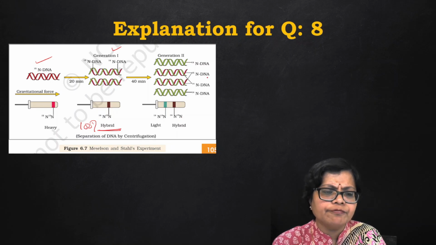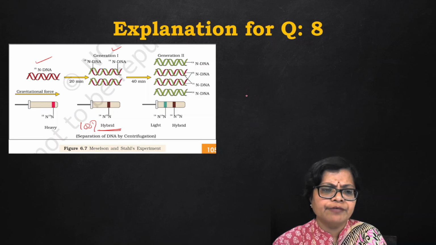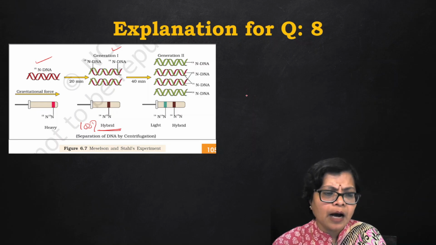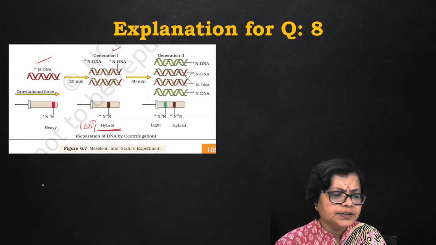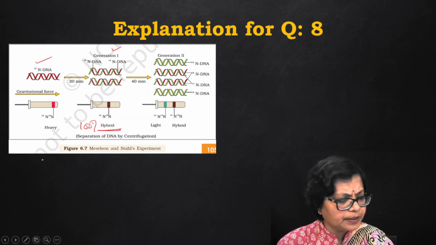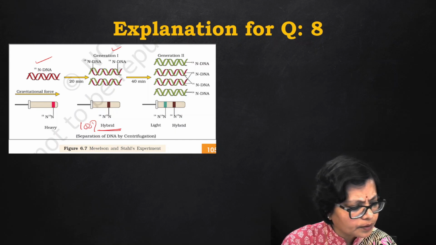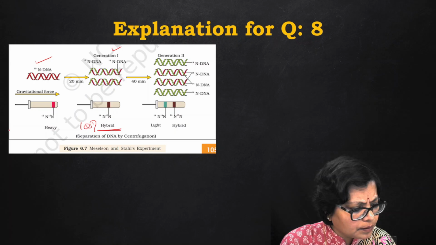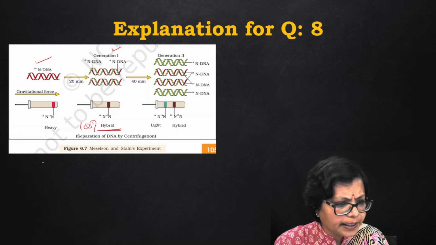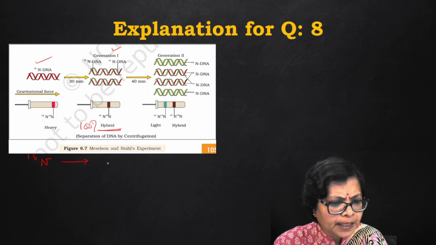But if it is continued, the medium which is available has to be considered. In our case, it was given heavy isotope, N15. It was in a medium containing N15 nitrogen, allowed to grow for 6 generations.